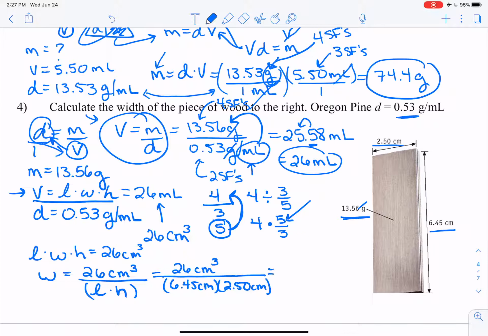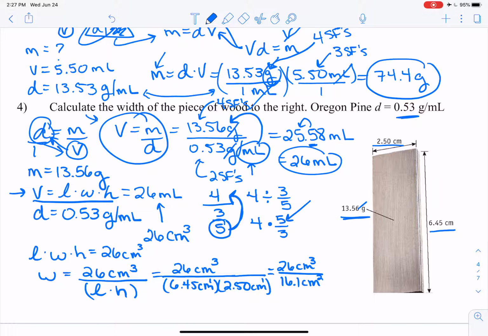Okay, so what that gives us is 26 centimeters cubed divided by 16.1 centimeters what? Squared, because when you have exponents and you're multiplying those units, the 1 and the 1 add, which is one of those weird little quirks of math, but that's how it works.